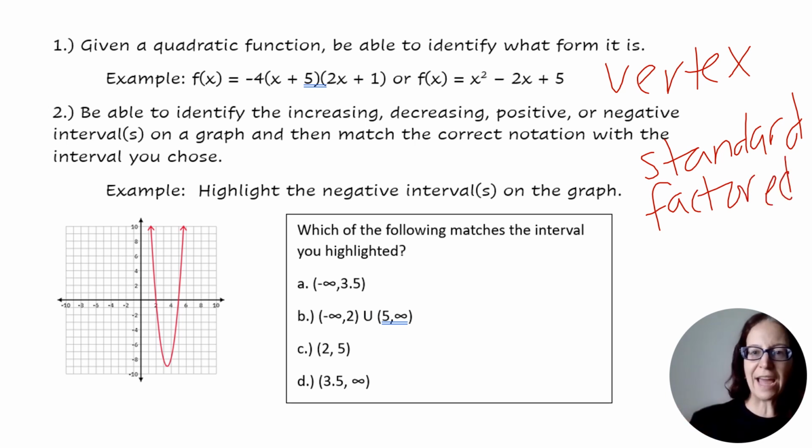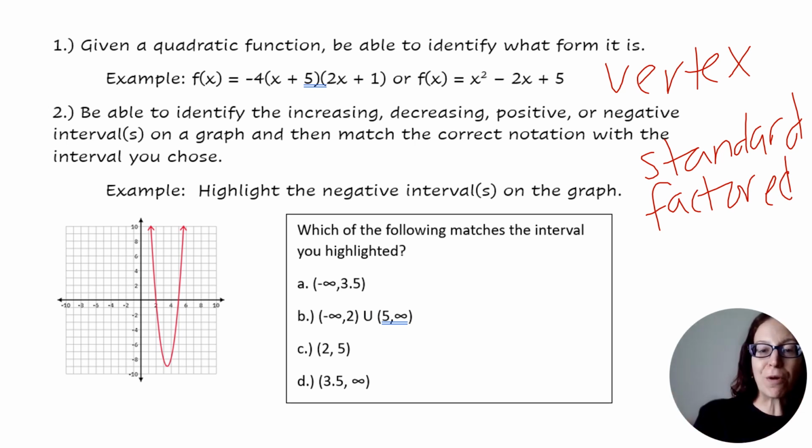If you're looking at a quadratic, you will be able to say that it is in vertex form or that it is in standard form. I gave you two examples, but obviously there are three different forms, so this example doesn't cover everything. Make sure that you go back to the lesson where we covered the different forms of quadratics and that you are able to pinpoint which type is which.